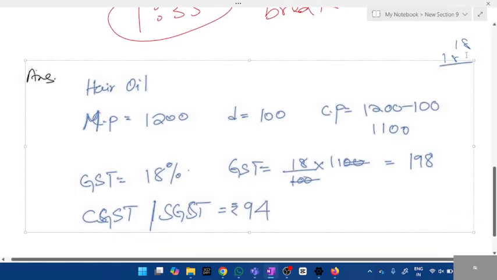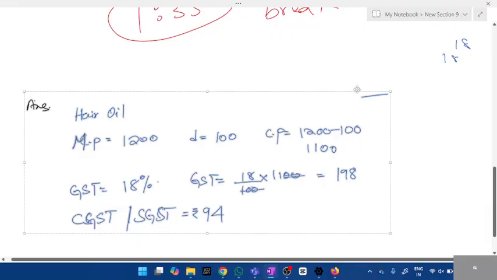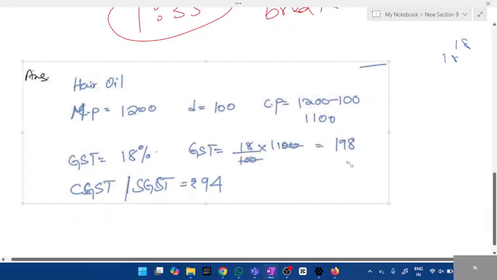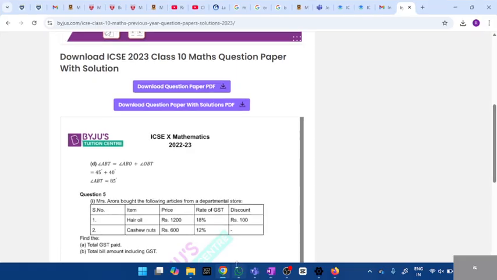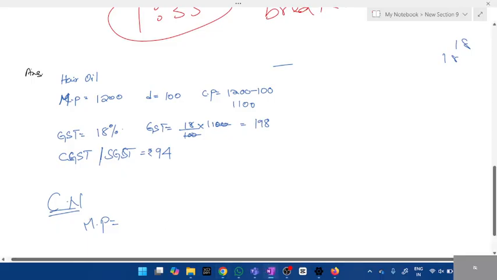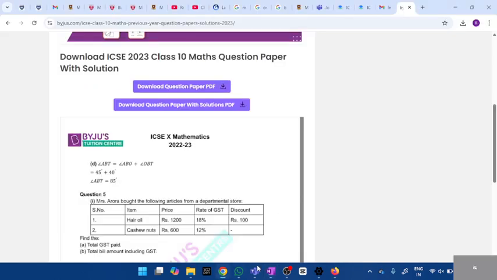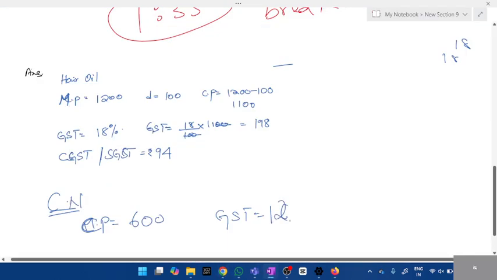Can you all tell me for cashew nut, what are the values? Mark price is equal to 600. There is no discount given. Look, there is no discount. So you can directly write cost price is 600. GST is 12%.